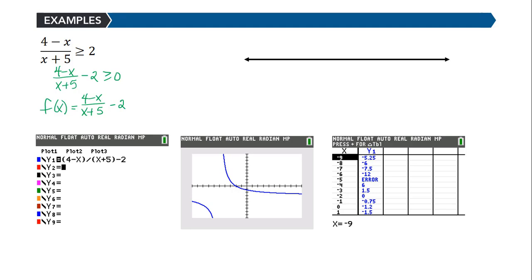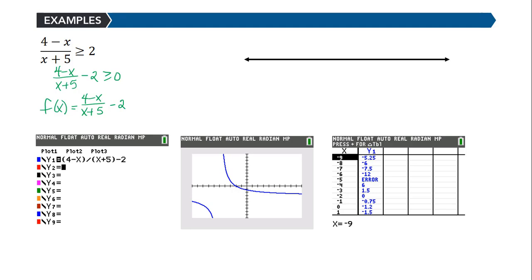So I have parentheses 4 minus x, close parentheses, divided by, in parentheses, the expression x plus 5, and then minus 2 in for y1, and then I graphed this. So remember that what we see are two different pieces, two branches, so to speak.